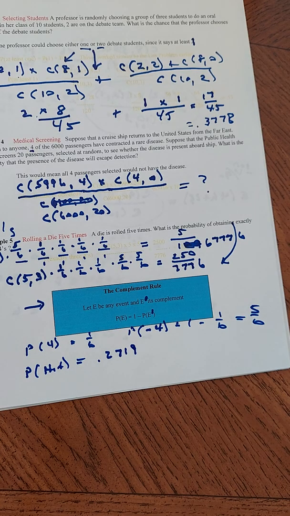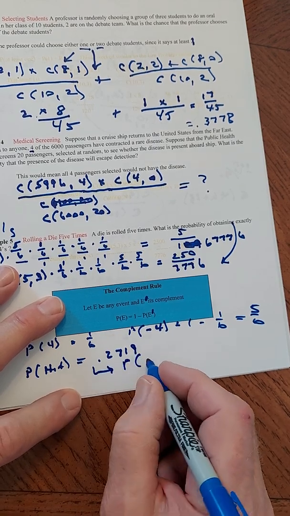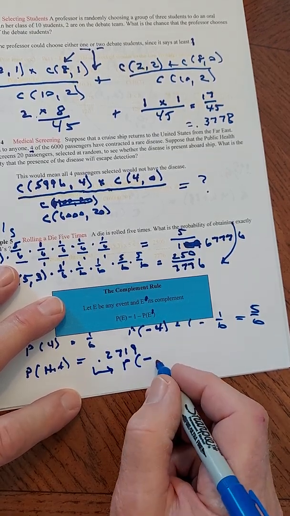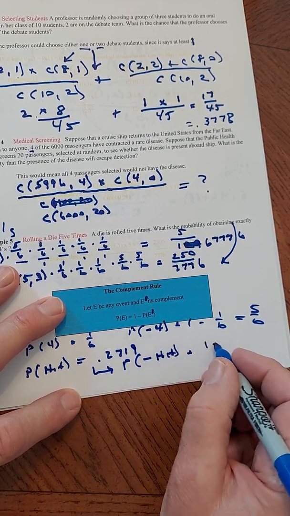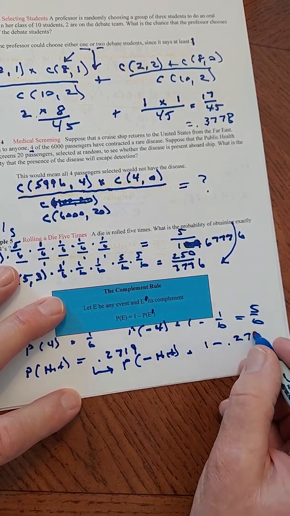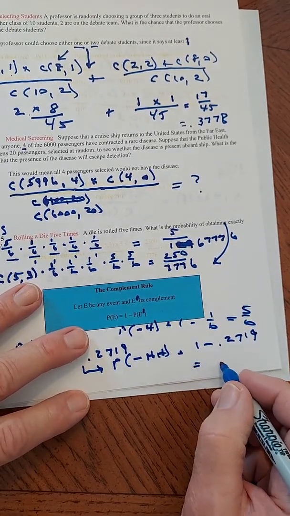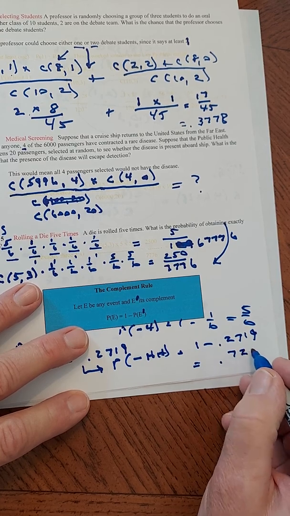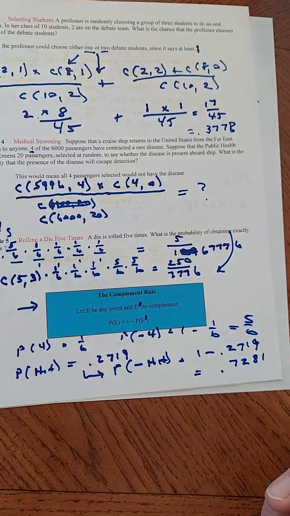So we know the probability of hitting a free throw is 0.2719, which isn't very good. So if I wanted to find the probability of not hitting a free throw, I would take 1 minus 0.2719, and that would be 0.7281. So simply subtraction.